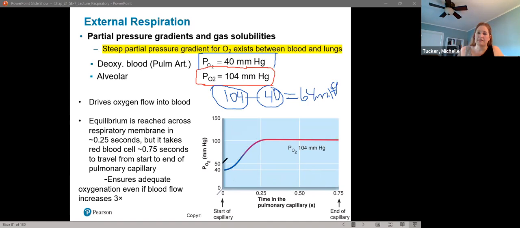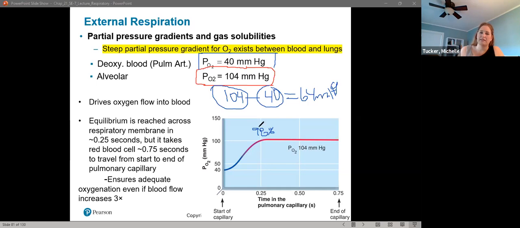At rest, the perfusion rate is relatively slow, like our heart rate, and we're not perfusing at a high rate. 100%, and it's really not 100%, it's 98% because nothing is perfect, is reached in a quarter of the time, so in 0.25 seconds.